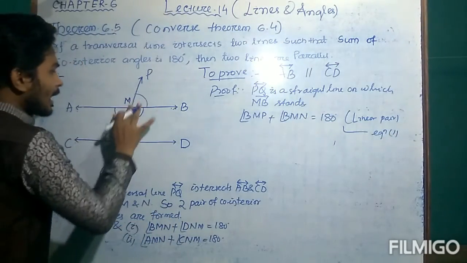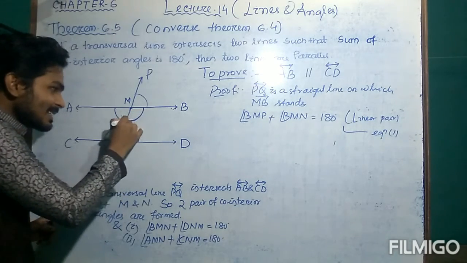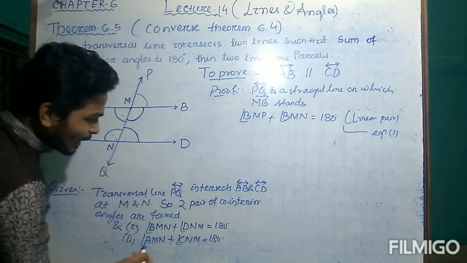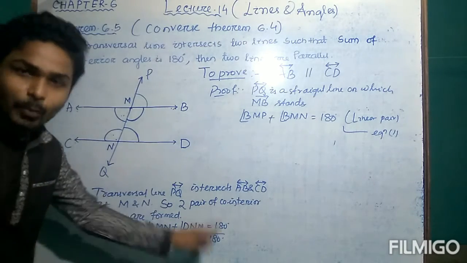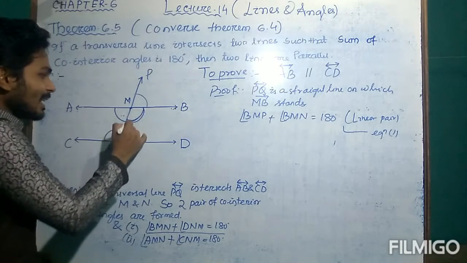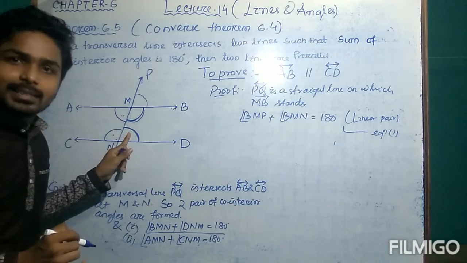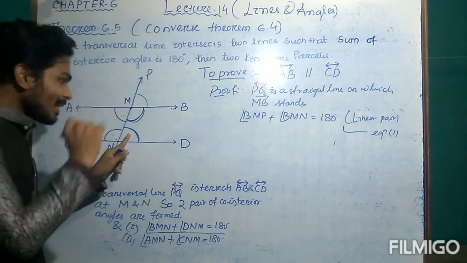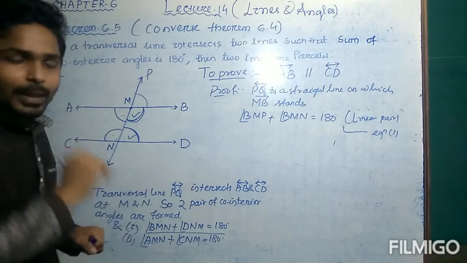Understood? Now, it is given in the question that this angle and this angle are co-interior angles, and the sum of these two co-interior angles is equal to 180 degrees. So we can write that this angle plus this angle is equal to 180 degrees.